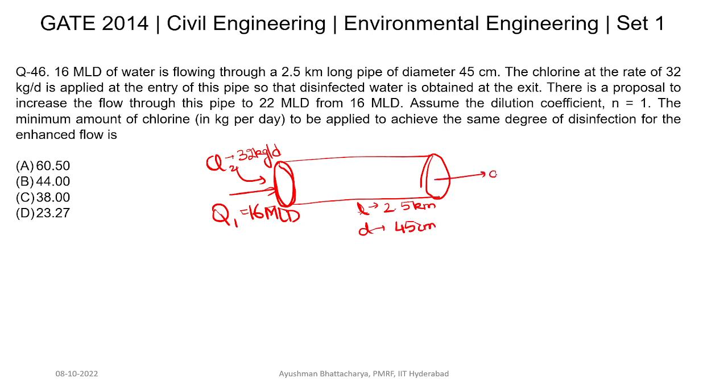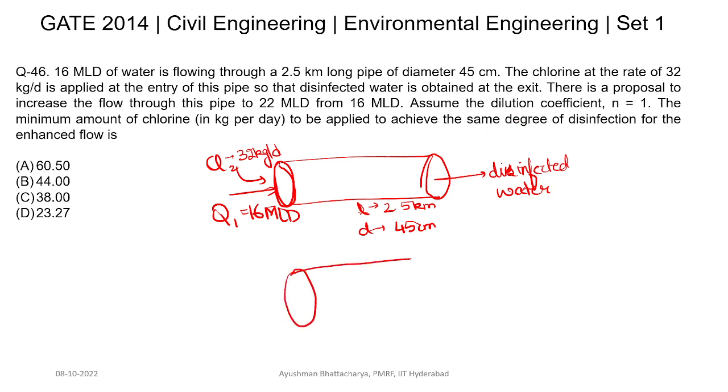The diameter is 45 centimeter. This is the disinfected water which is coming out. Now the proposal is that the flow rate is increased to 22 MLD. If the flow rate is increased to 22 MLD, then keeping the same degree of disinfection, how much minimum amount of chlorine needs to be applied?